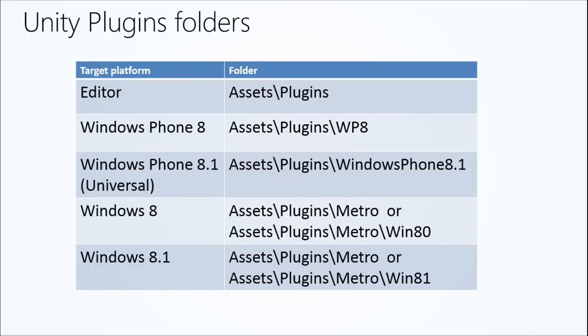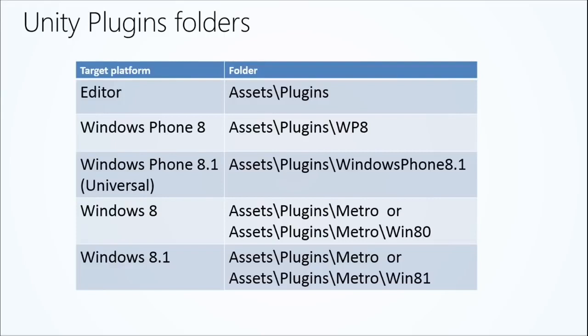Assets/Plugins, that's a standard in Unity. All of the plugins should be there. If I'm targeting Windows Phone 8, I've got a WP8 folder. For universal apps in Windows Phone 8.1, I've got Windows Phone 8.1. For Windows 8, I've got Metro or Metro Win80.